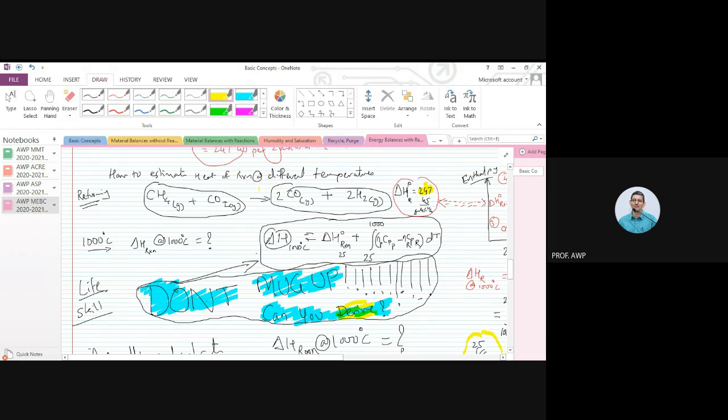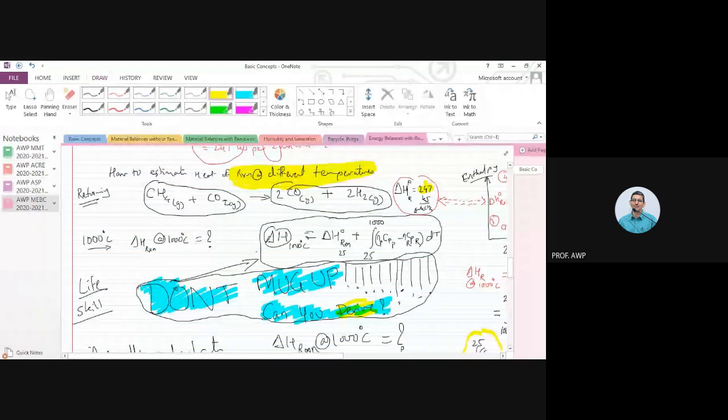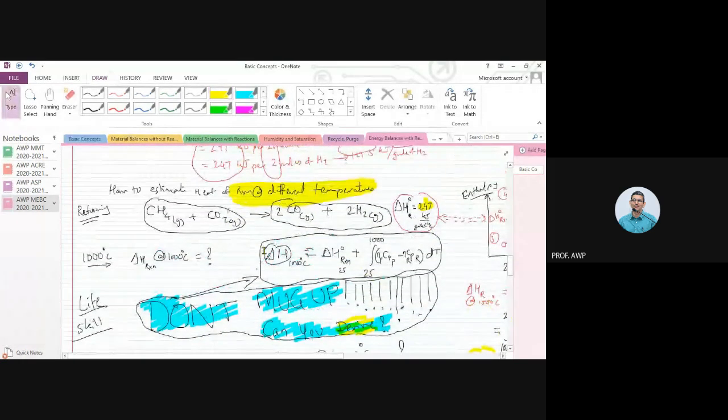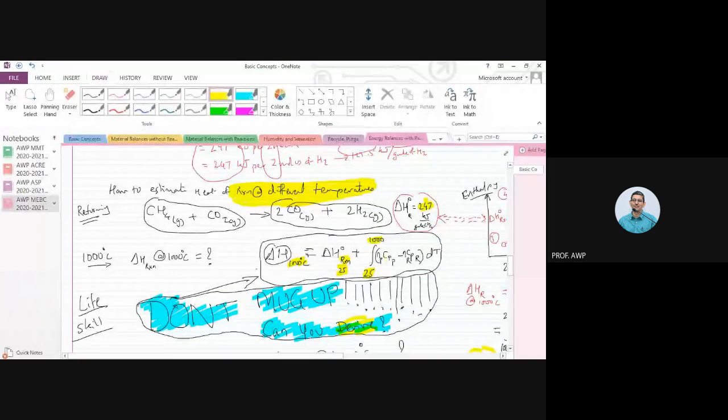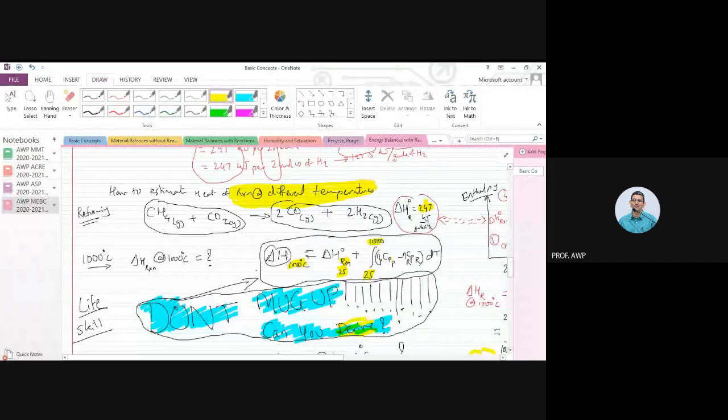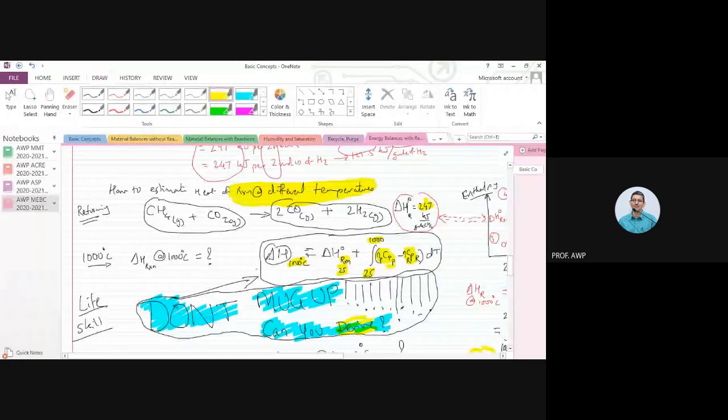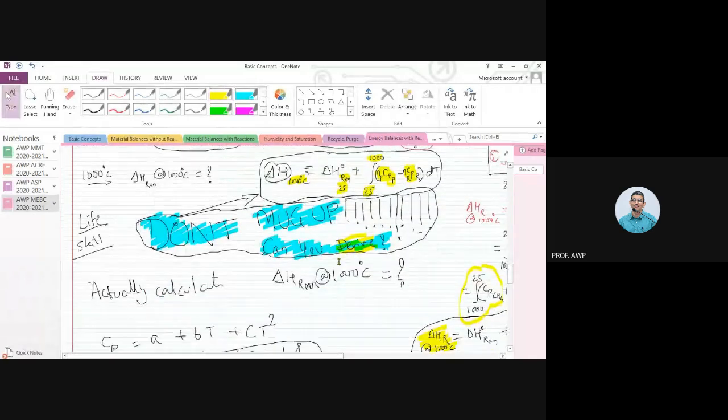We can derive that Kirchhoff's law ourselves. Heat of reaction at any other temperature would be heat of reaction at 25 degrees centigrade, and integral of moles of the product, Cp of the product, minus moles of the reactant, Cp of the reactant, multiplied by dT, integrated.